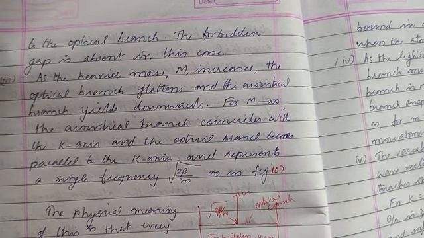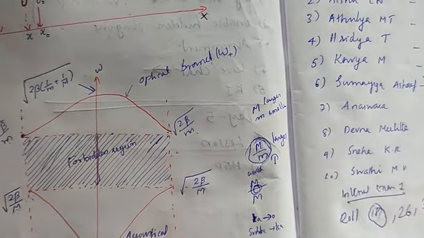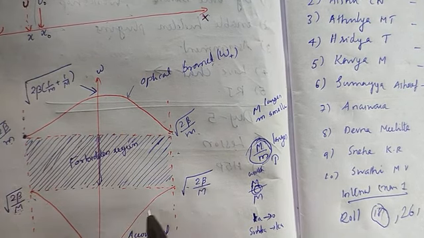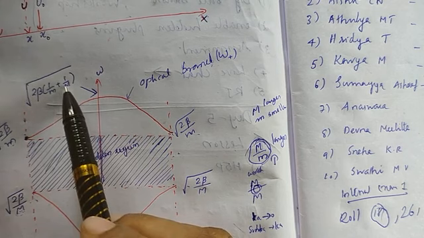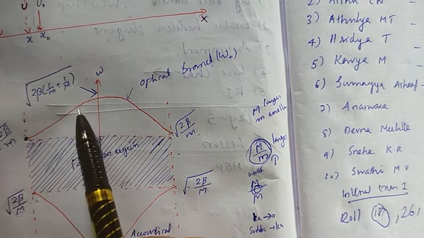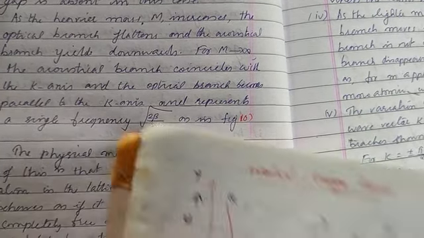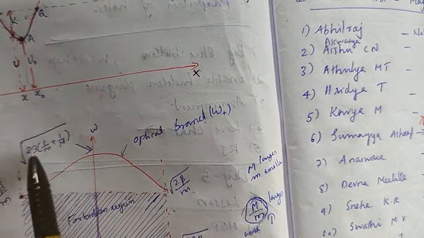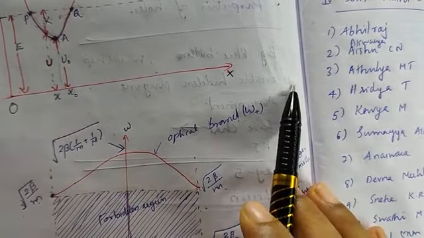That is, as capital M increases, the acoustical branch comes downwards, and from this expression it is clear that this branch comes downwards. And the final result is that this branch flattens when capital M increases, because this term becomes negligible when capital M is large.